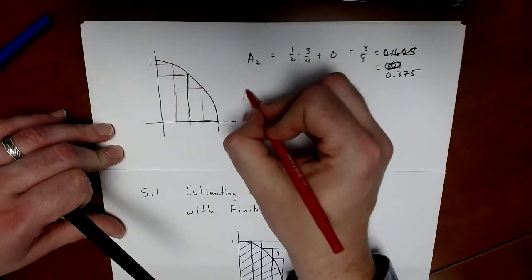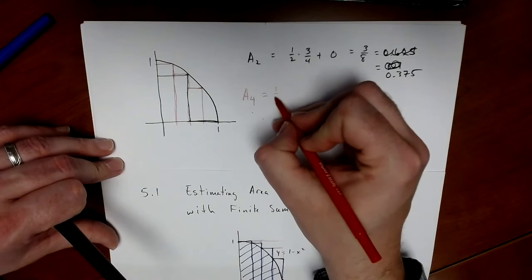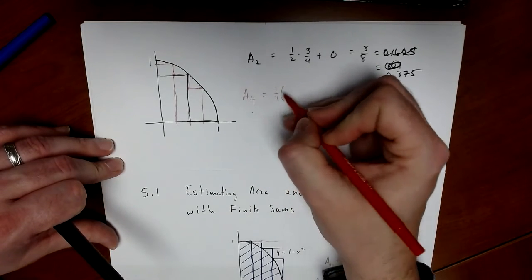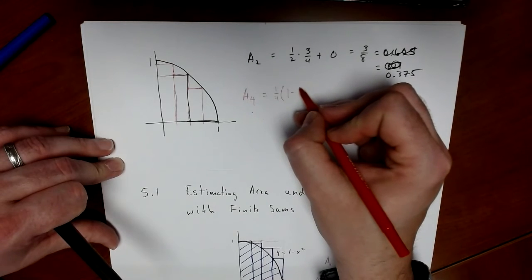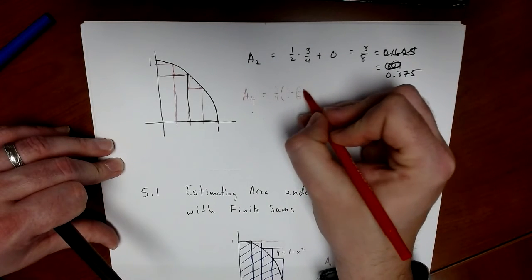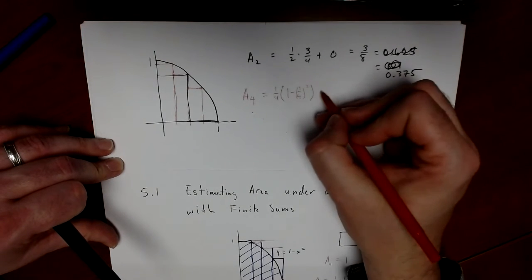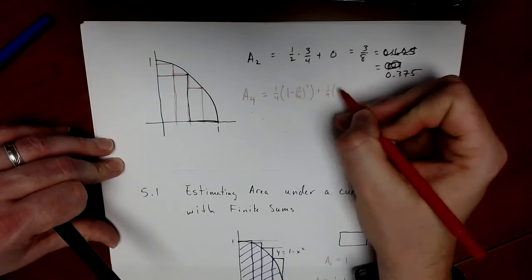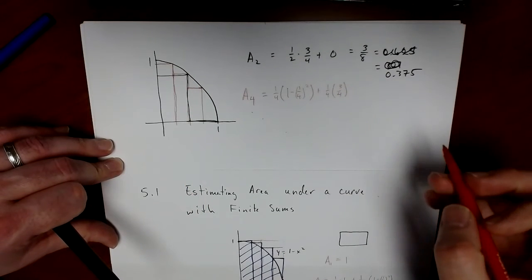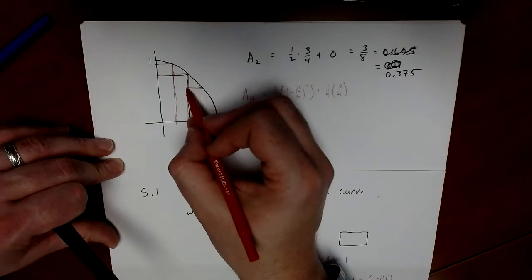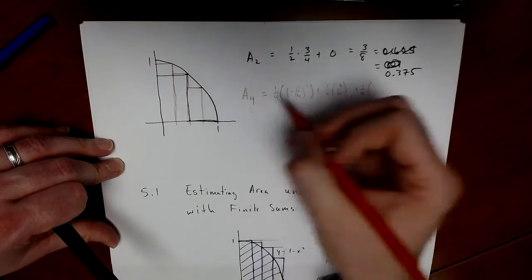So then I get A4 equals, so that'll be 1/4 is the width of every rectangle, and that first one is going to be 1 minus 1/4 squared. We're going to know what these are from earlier in a second, plus 1/4 times the height of the second rectangle, we just know that one is 3/4. We've done that one. This is the third time now.